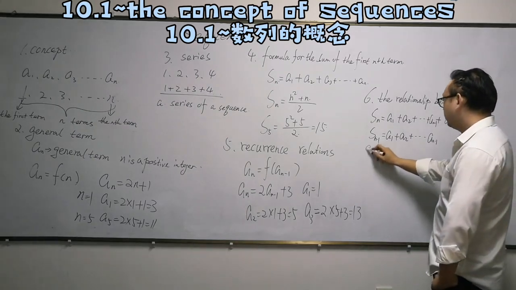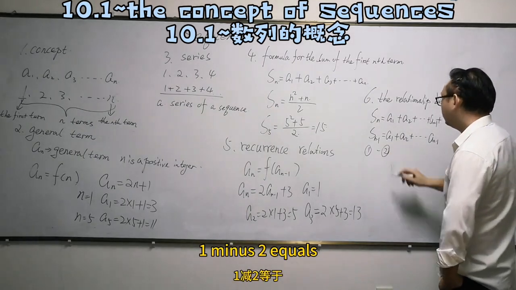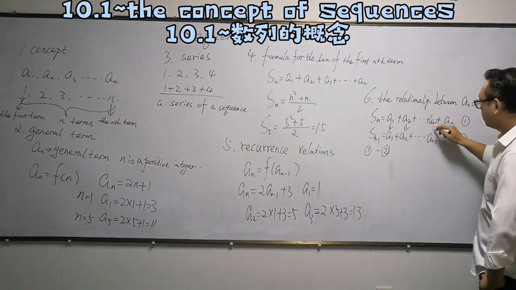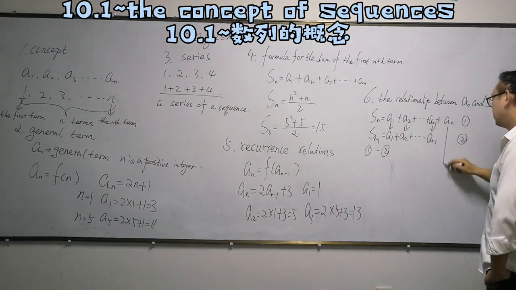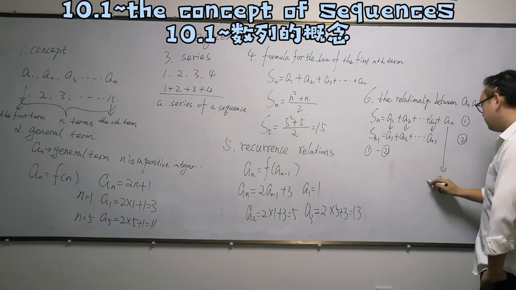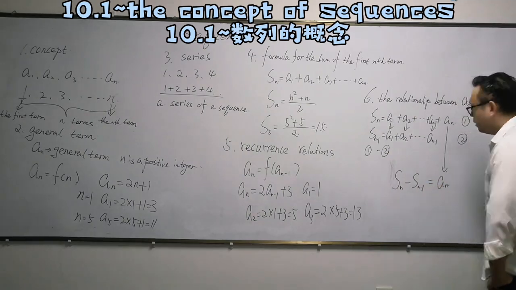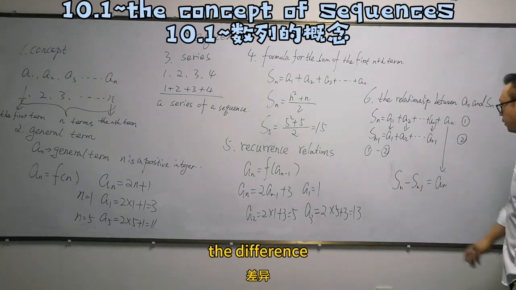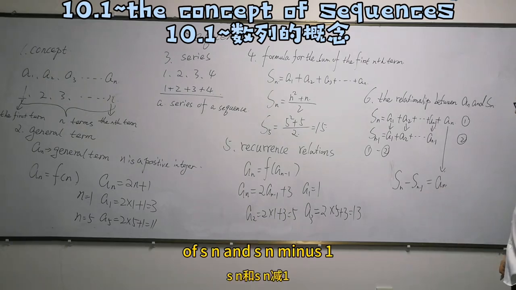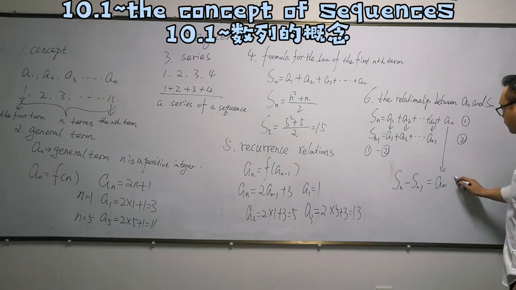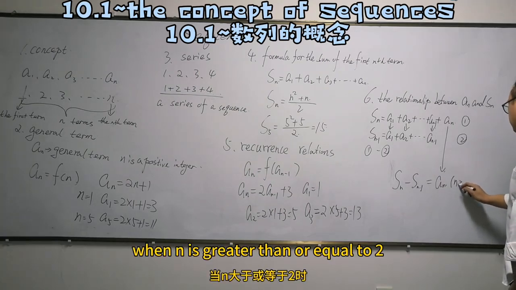So 1 minus 2 equals this: the difference of Sn and Sn minus 1 equals An, when n is greater than or equal to 2.